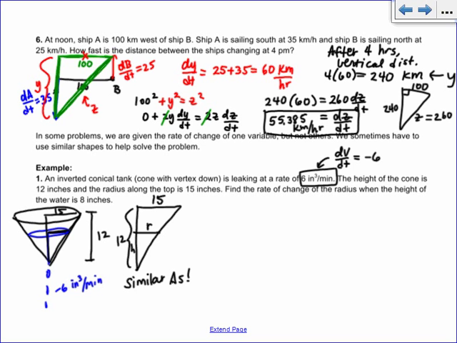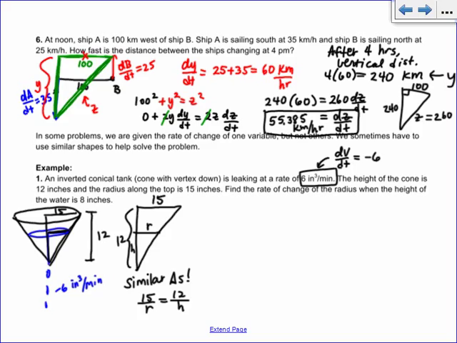So we can set up a proportion that says 15, the radius of the whole tank, divided by r, the radius of the water, is in the same proportion as 12 over h. So we always set up some kind of secondary equation that's going to help us.